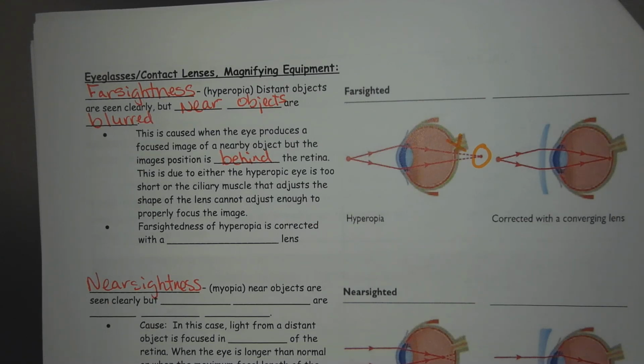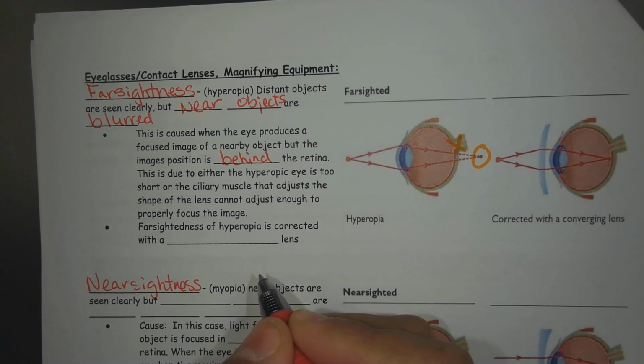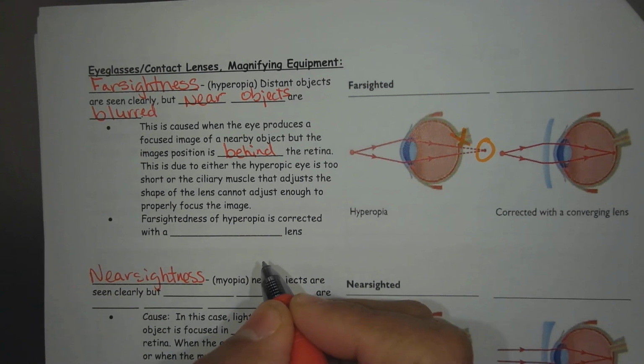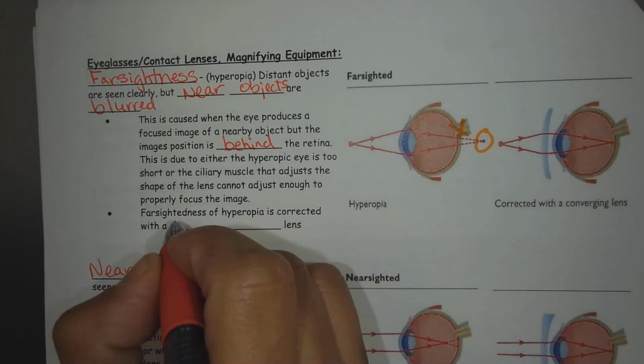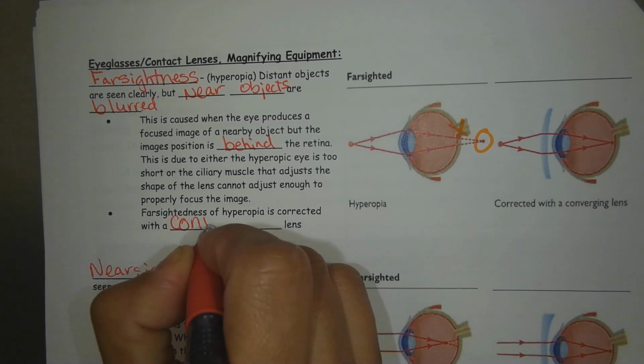Okay? So in this situation, we're going to have to do something. We're going to have to wear glasses, whether it's just for reading glasses. Some people are like, oh, I just need reading glasses, or I just need it to read. I can see when I drive, I can see when I play sports, but when I do my homework, I kind of need my glasses. If you're that person, then there's a good chance that you correct your vision by putting on glasses that are converging.